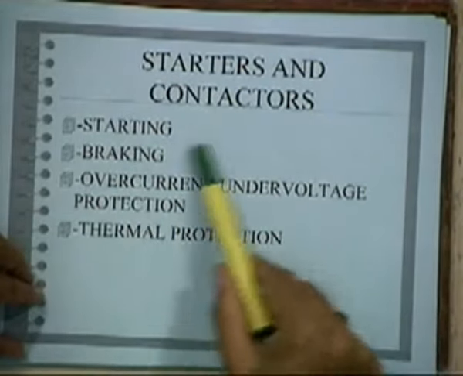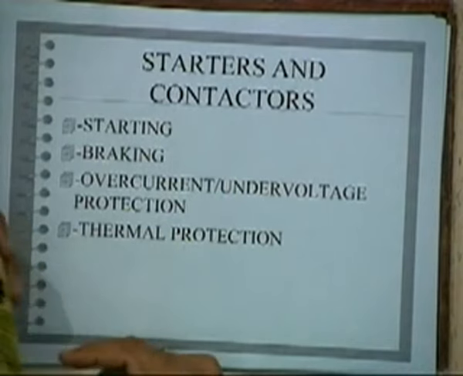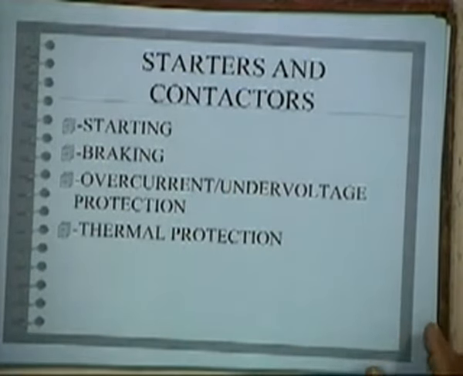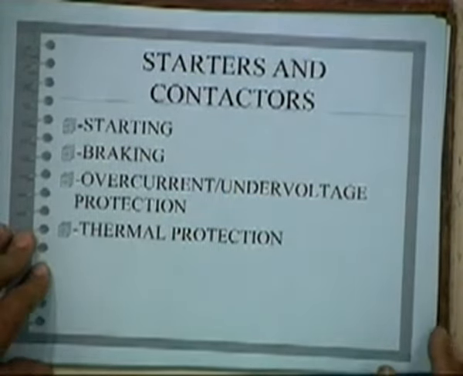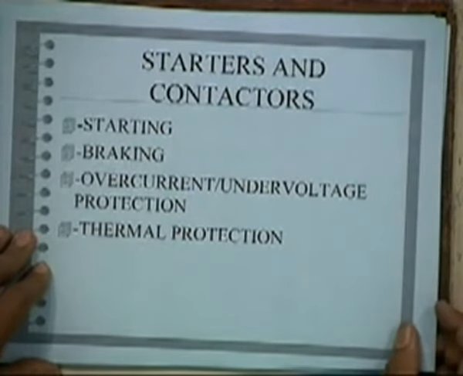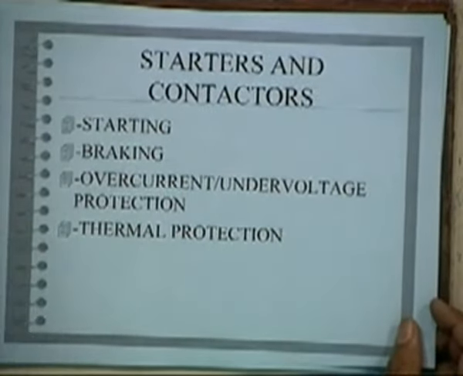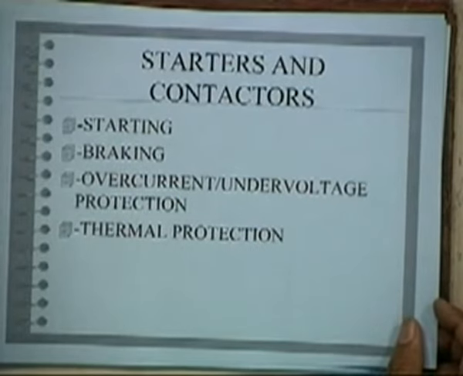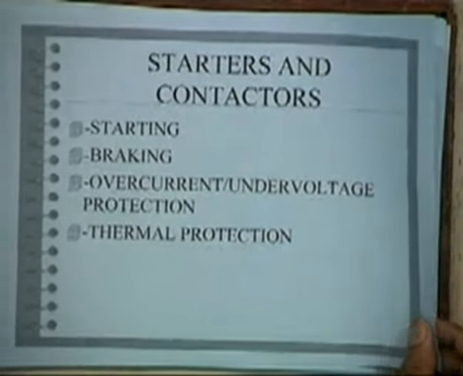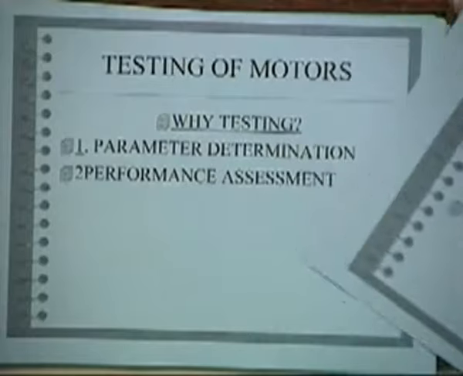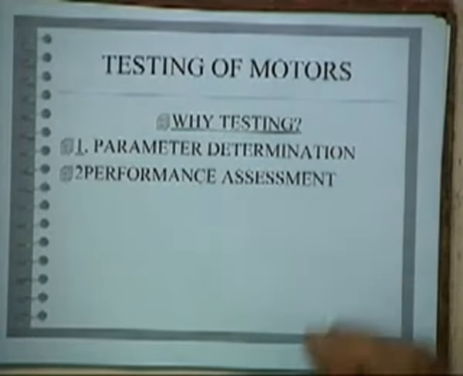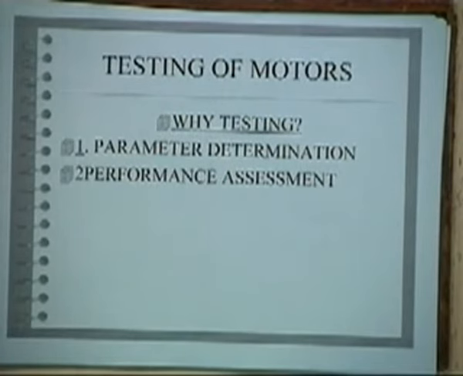So these protections are inbuilt in a starter and the contactors. And most of the contactors are still electromagnetic or electromechanical contactors, because nowadays solid state contactors are also being used. So these are some of the concluding issues connected with starting of motors. Okay.